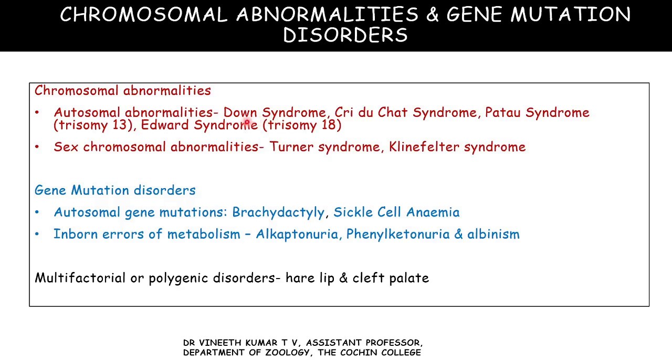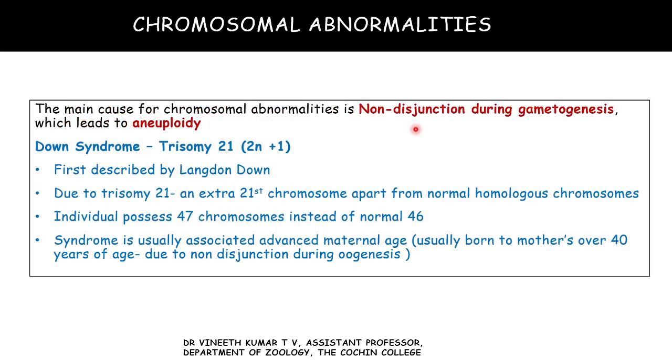So we start our discussion with the chromosomal abnormalities, and in detail we'll look at Down syndrome and Cri-du-chat syndrome. First we are going to see the autosomal abnormalities. Autosomal abnormalities are mainly due to non-disjunction during gametogenesis, which we discussed in mutation, and this non-disjunction will lead to aneuploidy.